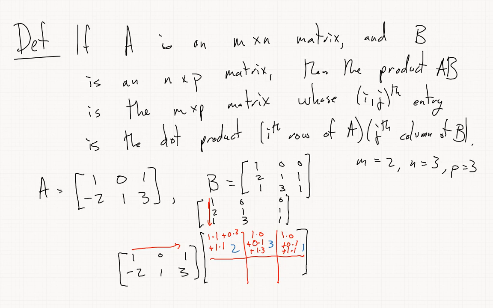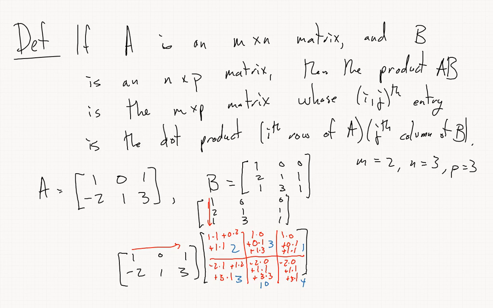Then continuing, we get negative 2 times 1 plus 1 times 2 plus 3 times 1, so the 2's cancel out, so we get 3 here. Then we'll get negative 2 times 0 plus 1 times 1 plus 3 times 3, and so that should give us 10. And finally, we'll have negative 2 times 0 plus 1 times 1 plus 3 times 1 is 4.